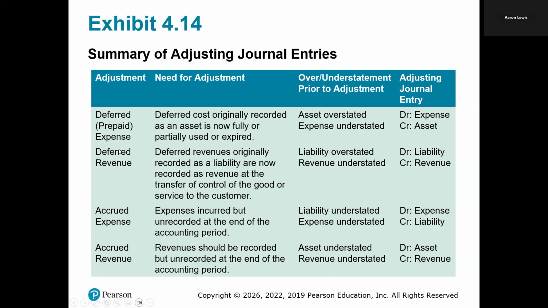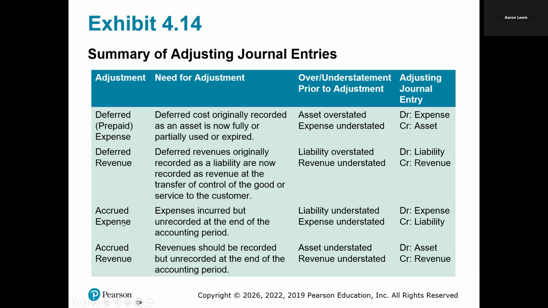For deferred revenue, we just talked about that one a minute ago. If you have a liability on the books for something you've been paid for originally, and then you're actually providing the service that you're no longer liable to provide to the customer, the entry for a deferred revenue is always a debit to a liability and a credit to your revenue account.